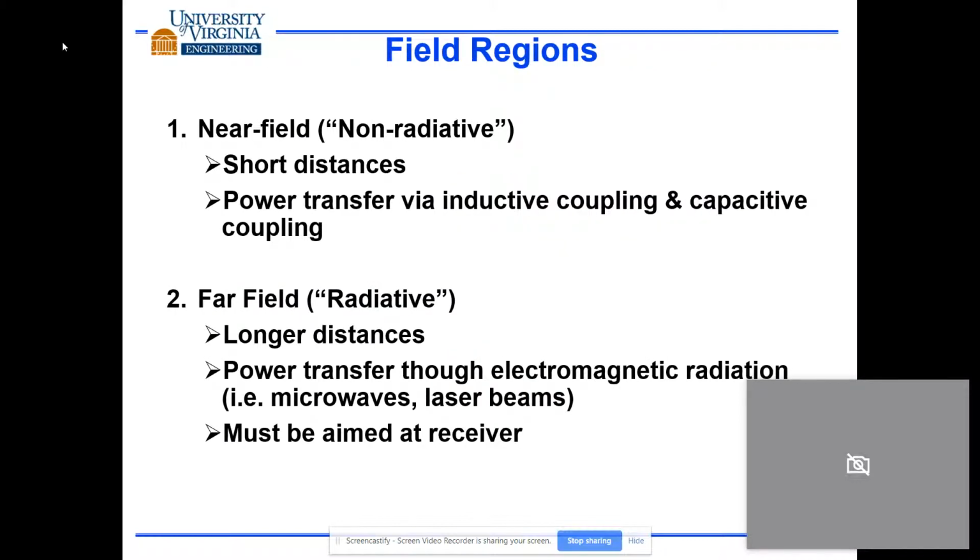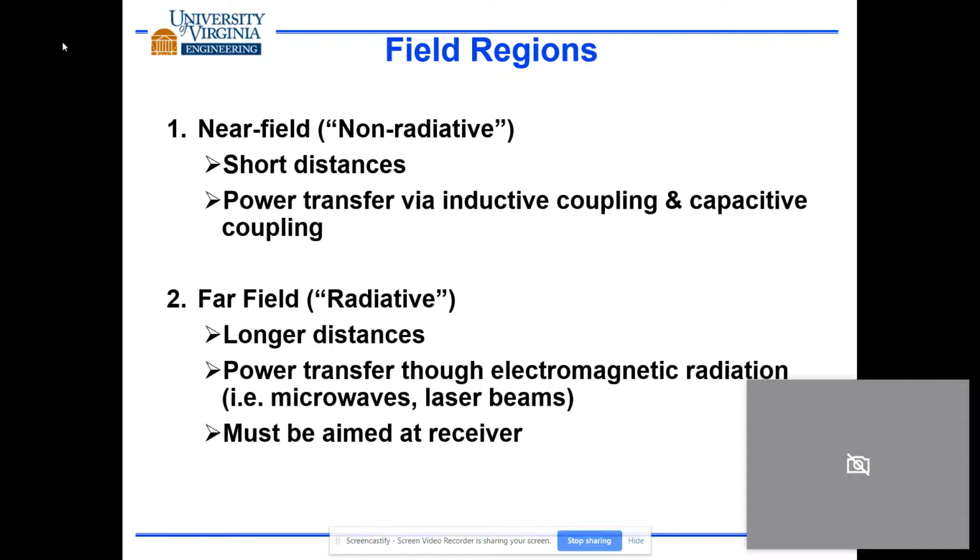And for field regions, there are two main regions where this technology can be classified, and they are near field and far field, which are each distinguished by the range of transmission power. Near field is non-radiative since energy stays within a close distance of the transmitter, and it's typically used for short distances.